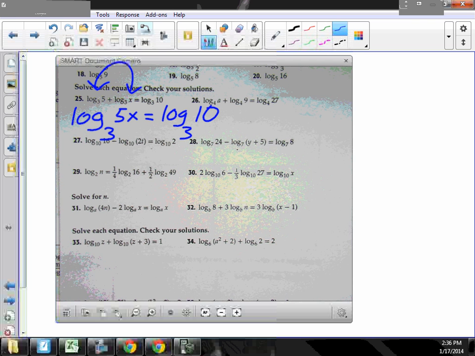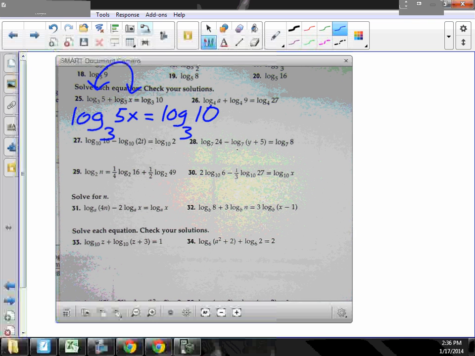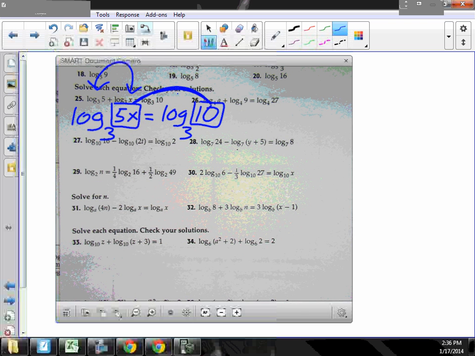Well, does anybody notice a shortcut to solving this? Yes. Why? Well, if log base 3 of this number equals the log base 3 of that number, what do we know about these two numbers? They're the same.